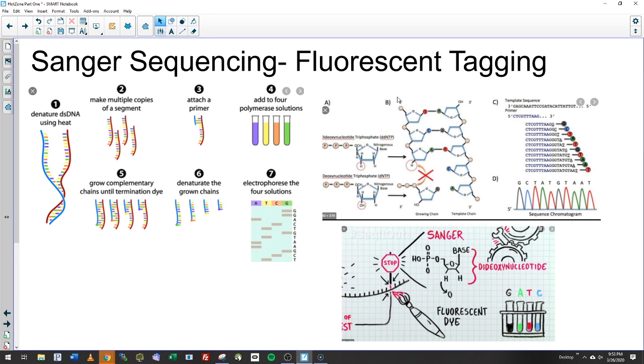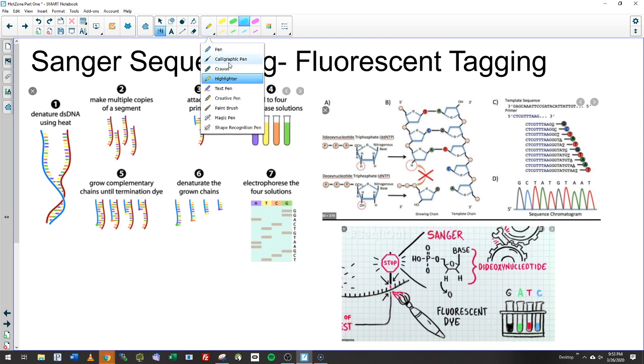These are regular nucleotides, the dNTPs. So they can be strung together.